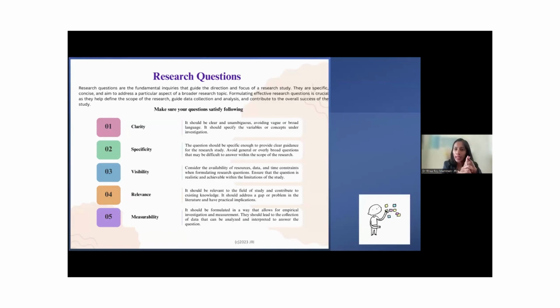The inquiries are specific, concise, and particular to the area of research that needs direction. The third most important thing is that it is answered through the evaluation or analysis of the researcher's data, information, and contribution.